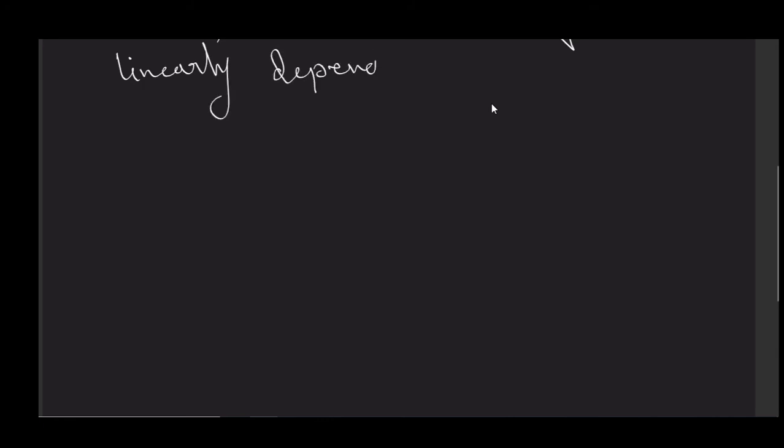So we can't help them to become linearly independent. And then obviously the other case is that A is not 0, and you can represent them in the form of your basis vectors.